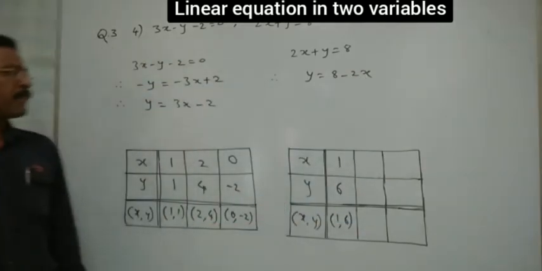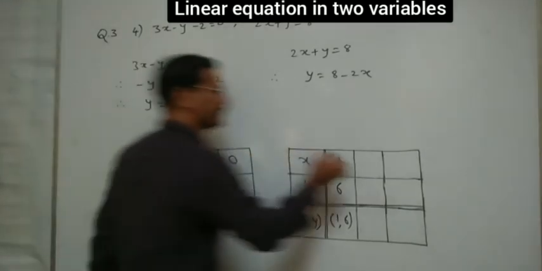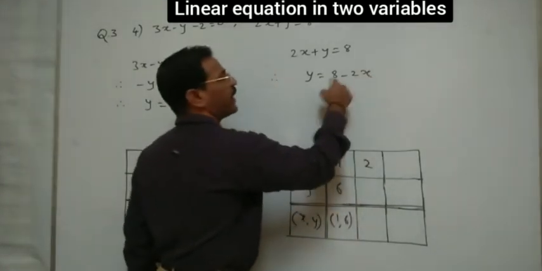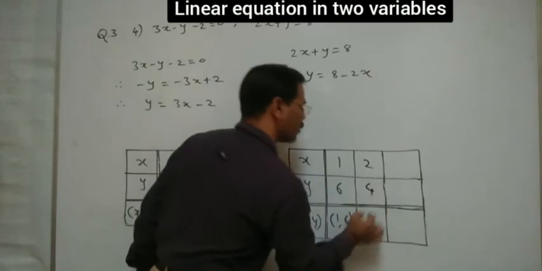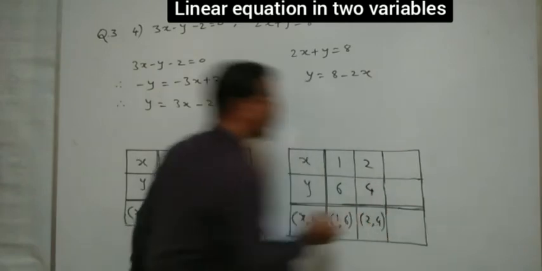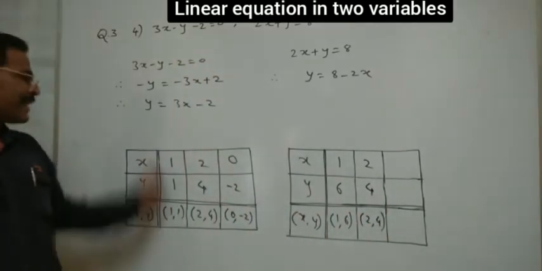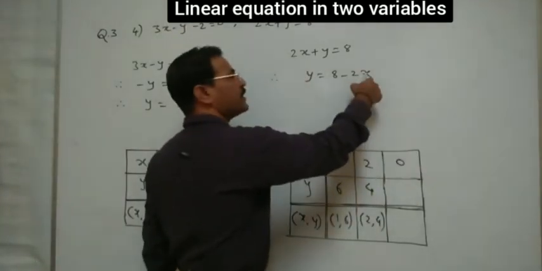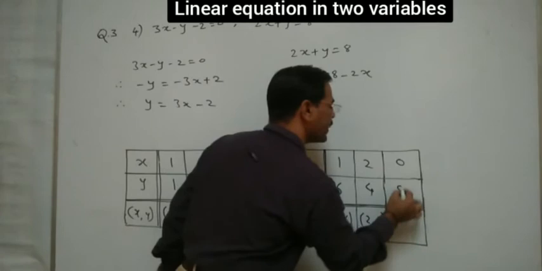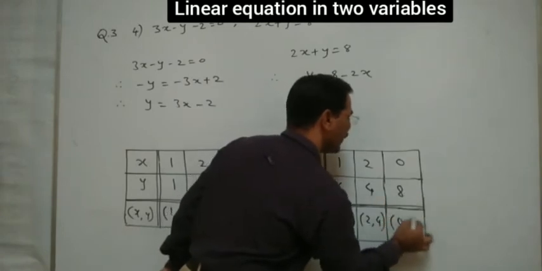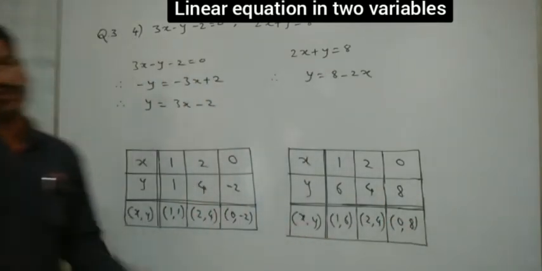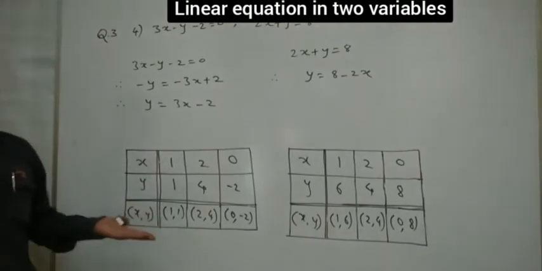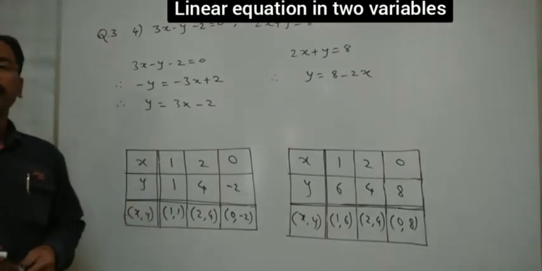Next, we'll put 2. 2 2s are 4, 8 minus 4 is 4. So that is (2, 4). One more, we'll put 0. 2 zeros are 0, 8 minus 0 is 8. That is (0, 8). Understand, friends? To draw the graph of this, again we'll go to the computer screen.